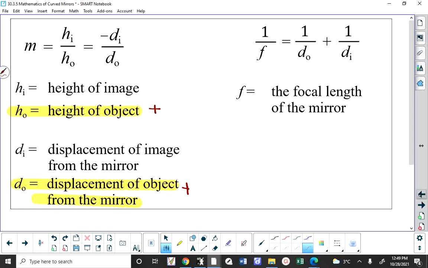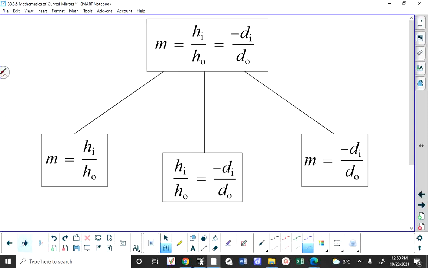So you're not going to be told these things specifically. You will be told that you have a convex mirror with a focal length of 20 centimeters, and that's a lie, because I'm about to tell you that a convex mirror has a negative focal length. Okay. So here are the rules.